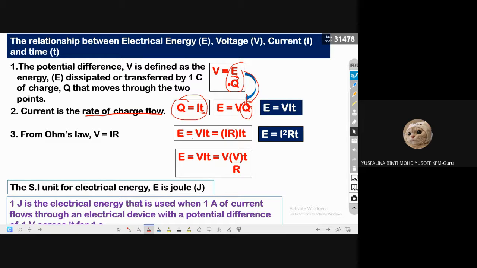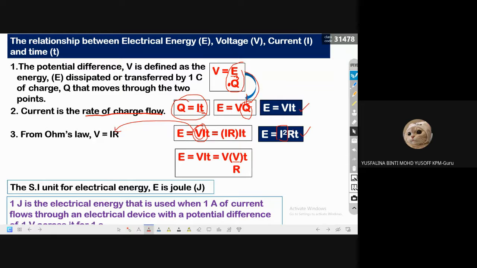So it becomes E equals VIT. Then V equals IR, so I replace the V with IR. It becomes E equals IR times IT. I multiply I by I, it becomes I squared, and RT. So this is the formula for energy: E equals VIT or E equals I squared RT.